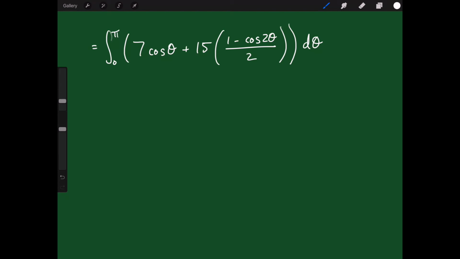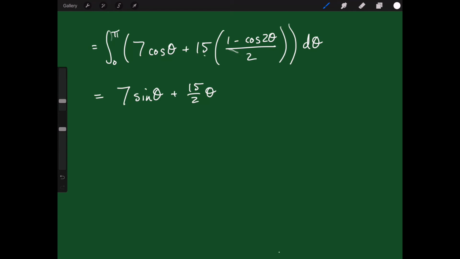All right, let's take an antiderivative. The antiderivative of 7 cosine of theta is just 7 sine theta. Okay, and then I get a 1/2 here times 15, so that's 15 halves. And the antiderivative of 15 halves is 15 halves of a theta. And then I get minus 15 cosine of 2 theta over 2.